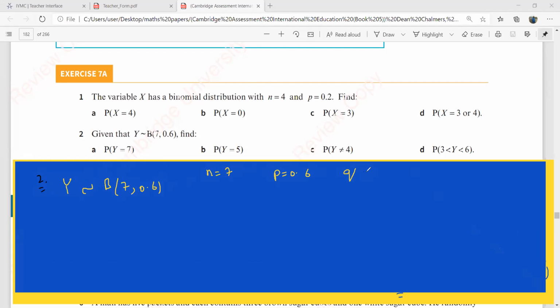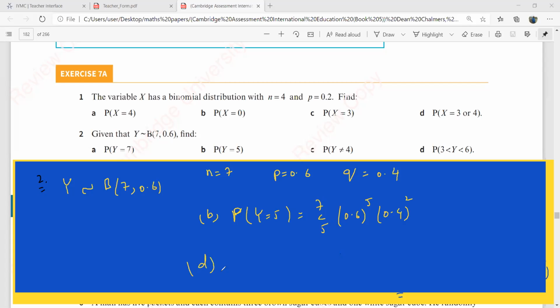You will yourself write the Q, that is going to be 1 minus 0.6, that is going to be 0.4. Okay, so let me do that B part. It says probability that your Y equal to 5. So that is 7C5, 0.6 raised to power 5 and 0.4 raised to power 2. And then you will use your calculator.